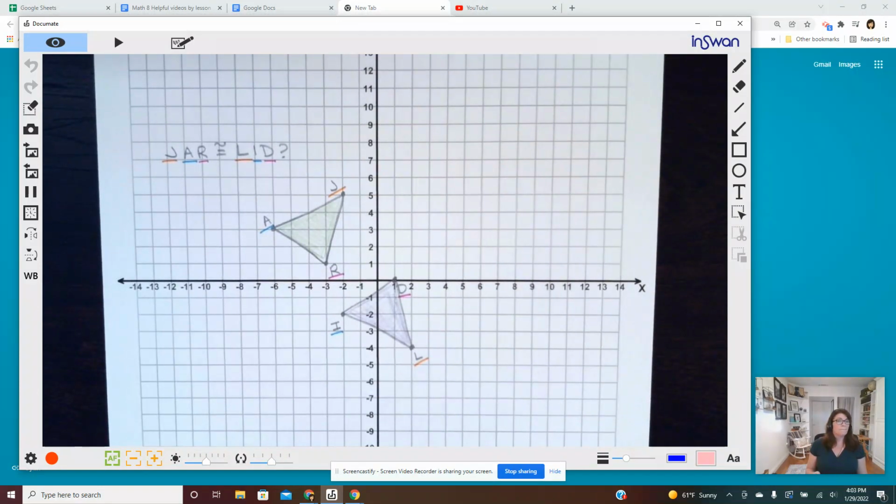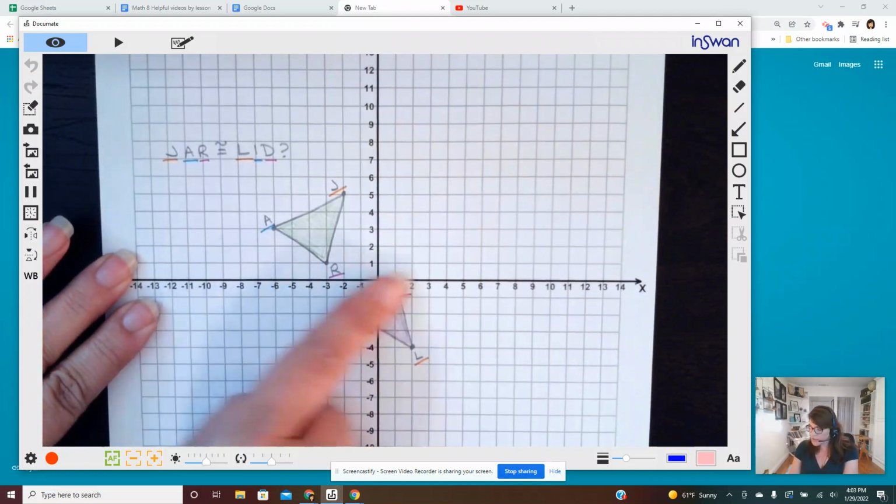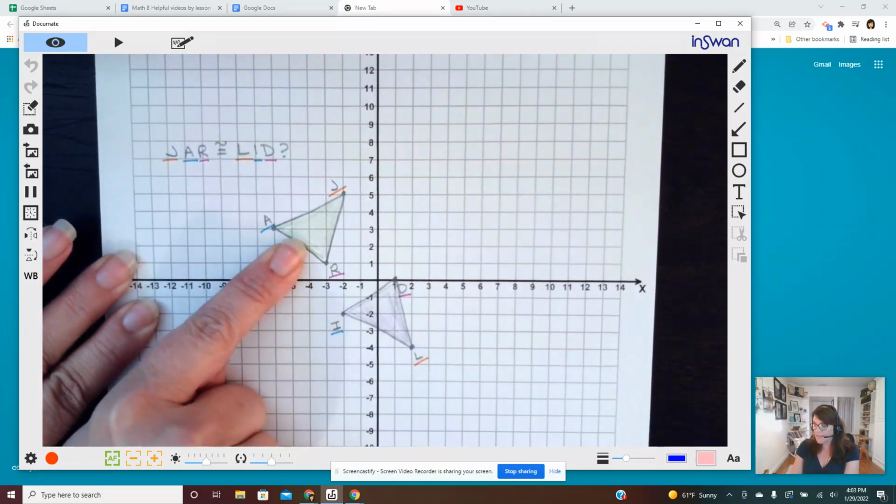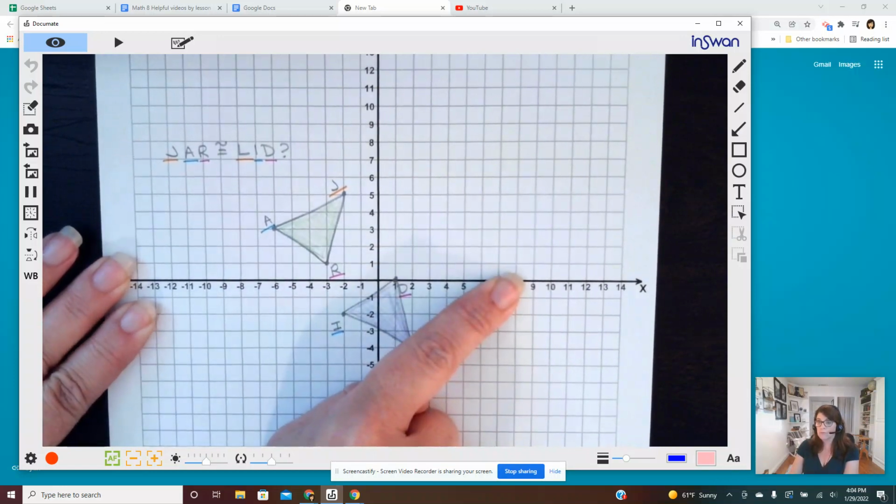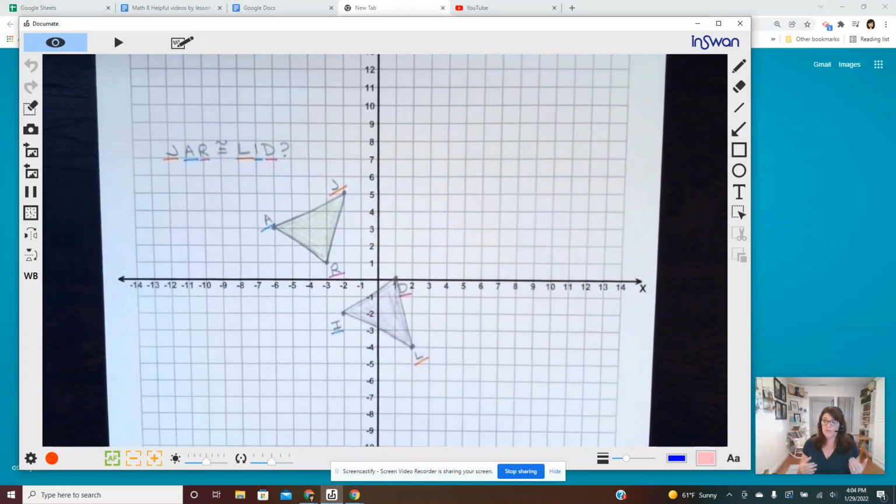Now, I'm going to tell you that this is an example. I'm not trying to trick you. It does work, and I'm going to show you how this matches. There's more than one way to get there. You can switch the order of the two things I'm about to do. But the first thing I notice is that if R is going to match up with D, it definitely has to scoot over.